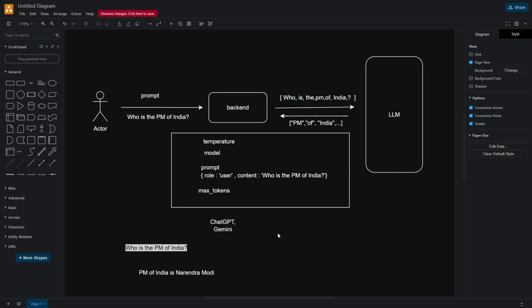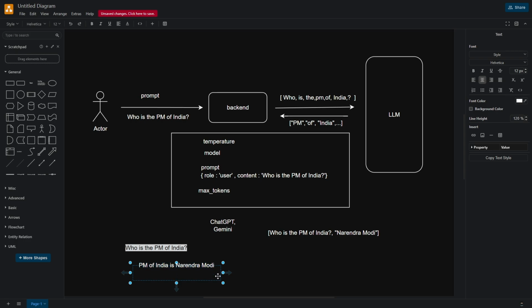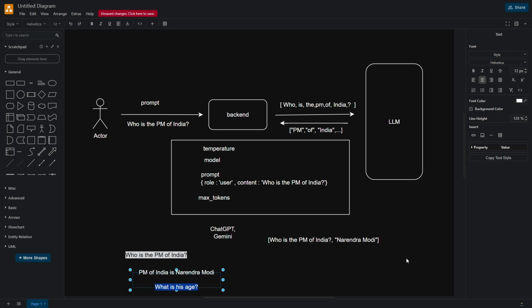For example, the first prompt we gave was "Who is the PM of India?", which is added to the array. The response, "Narendra Modi", is also added to the array. Then, when we ask the next prompt, "What is his age?", it's added to the same chat history.